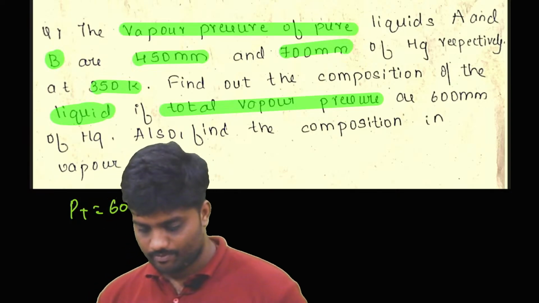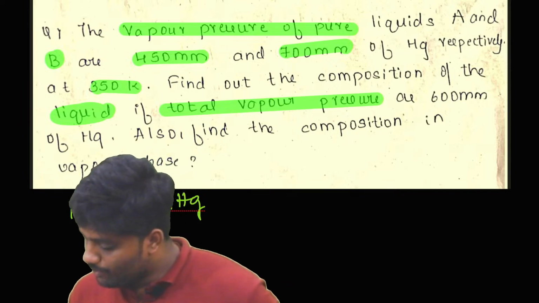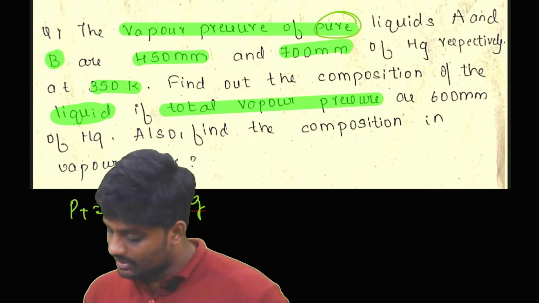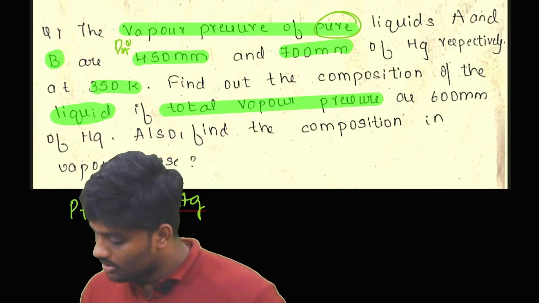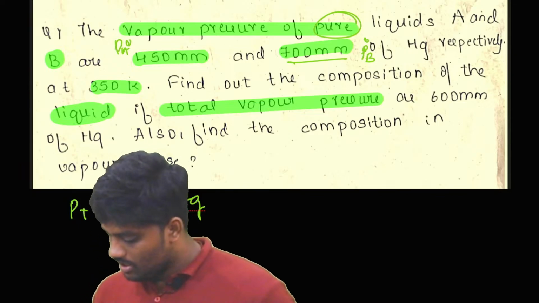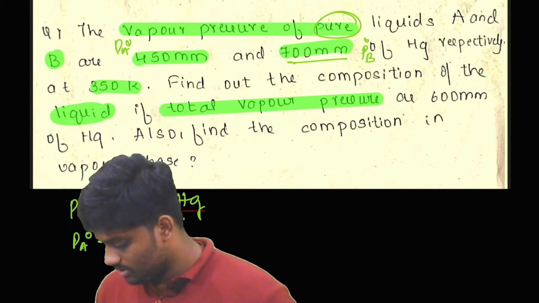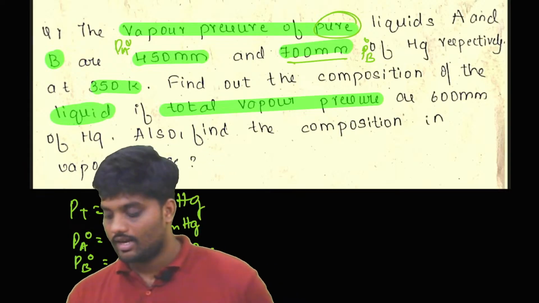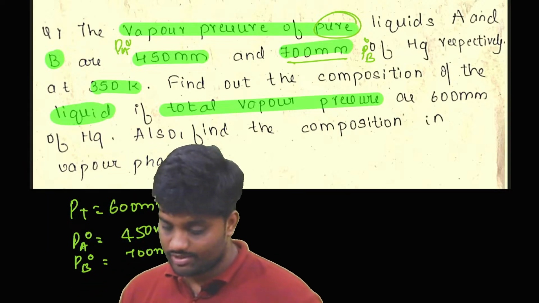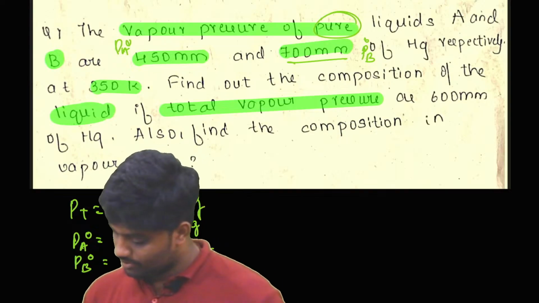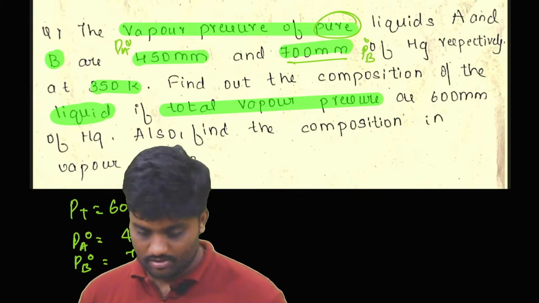They have also given pure liquids, so this is PA naught and this is PB naught. Here PA naught is equal to 450 mm Hg, PB naught is 700 mm Hg. They are asking to find the composition.